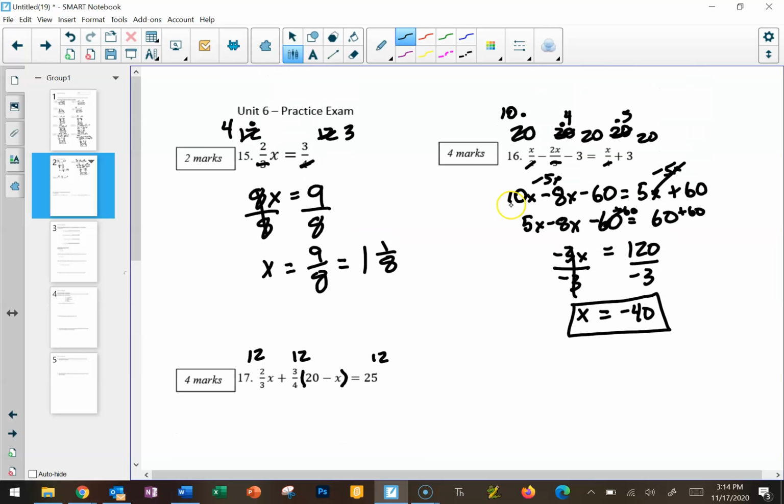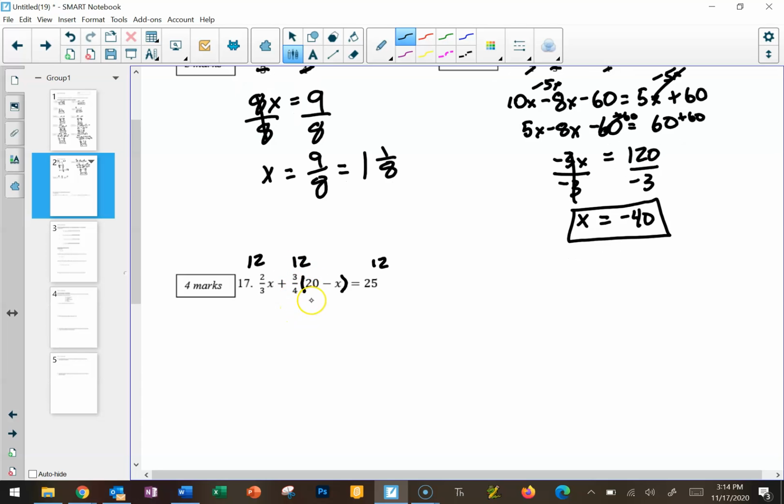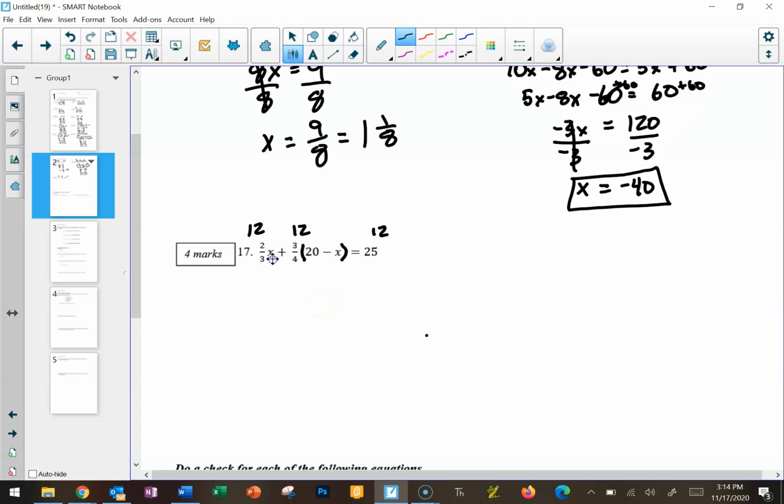You got to know the difference between that and something up here where these are all subtracted, right? There's no multiplication. That's why you had to multiply the 20 by every single term, because there was no multiplication. All we've got on this side is subtraction, and all we've got on the other side is addition. But when we have multiplication, we just multiply that by the coefficient outside of the brackets. So just be aware of that.